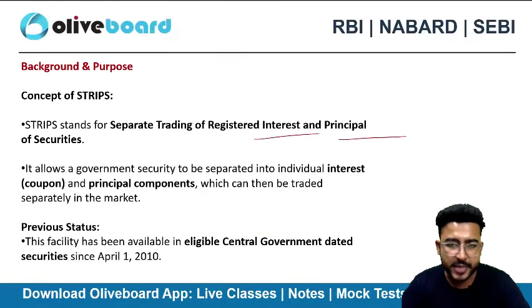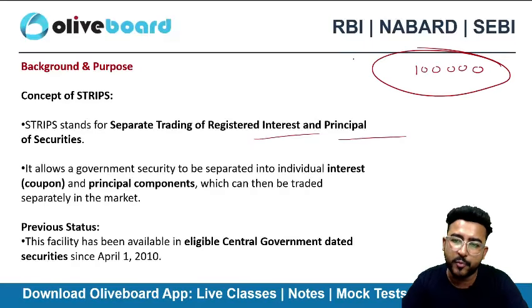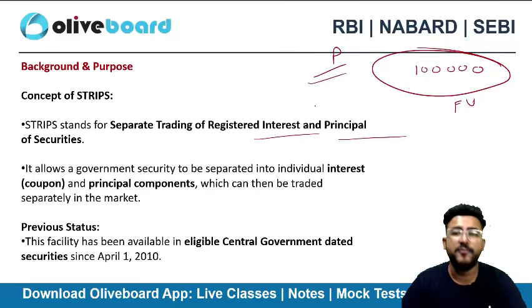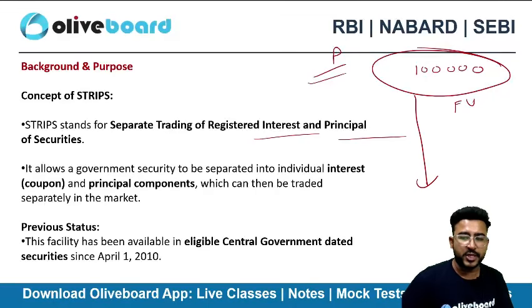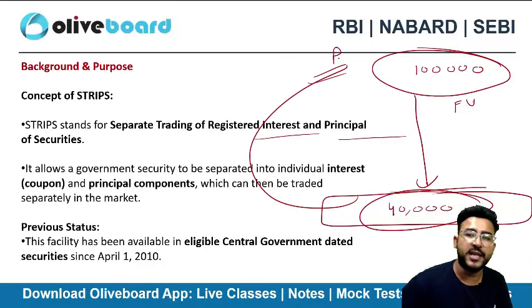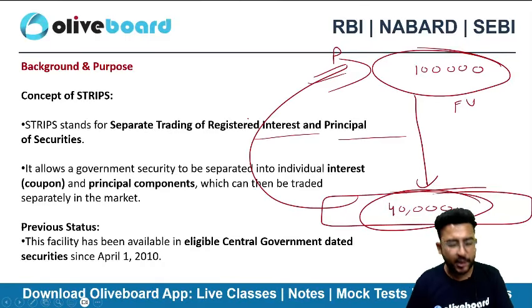Now let's suppose after 10 years, I'll be paying 1 lakh rupees as the principal component. This is the face value. Obviously, today she'll be paying me much less. Let's suppose she's just paying me 40,000 as of now. After 10 years, I'll be paying her 1 lakh rupees.